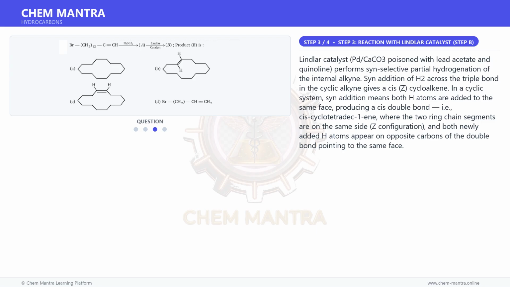In a cyclic system, syn addition means both H atoms are added to the same face, producing a cis double bond, i.e., cis-cyclotetradec-1-ene, where the two ring chain segments are on the same side, Z configuration, and both newly added H atoms appear on opposite carbons of the double bond pointing to the same face.